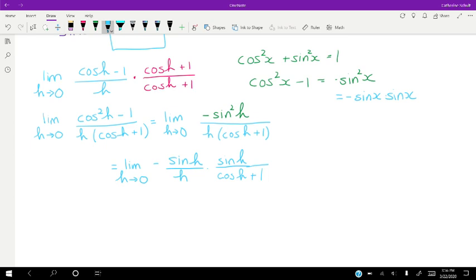So now, where are we at? Well, let's separate these out to make it look a little nicer. We'll clean it up before we start talking theory.